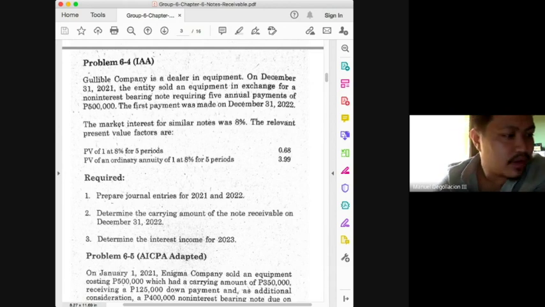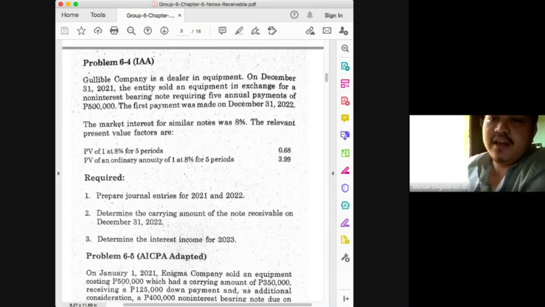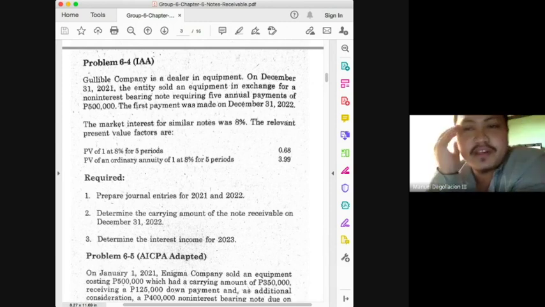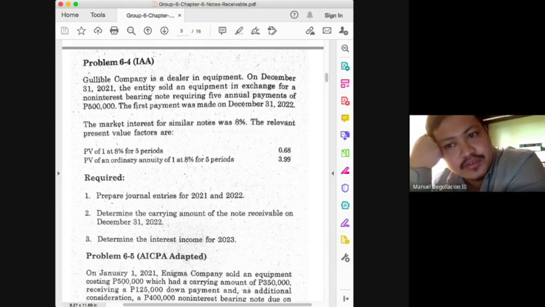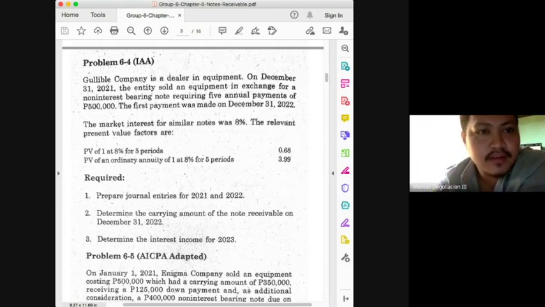So I think one of the challenges in this problem is for you to choose the correct PV factor to use. Since the manner of payment here is in installment, we have a series of periodic payments. The factor that will be relevant here would be our annuity factor.